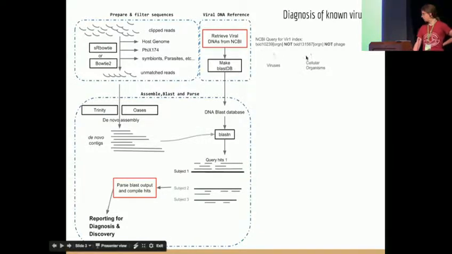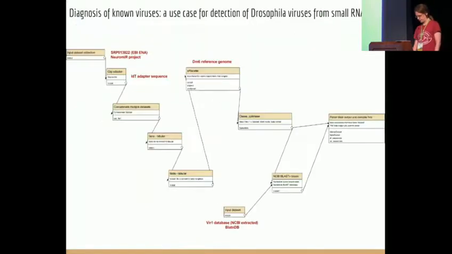With, for example, the query string that is shown here, we can retrieve all viruses and exclude the cellular organisms. Once we have those, we make a BLAST database, and we can BLAST our assembled contigs against the database. And then we have this custom tool, in addition, that takes the BLAST outputs and makes a nicely formatted table.